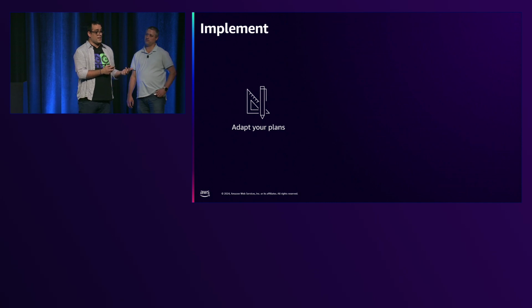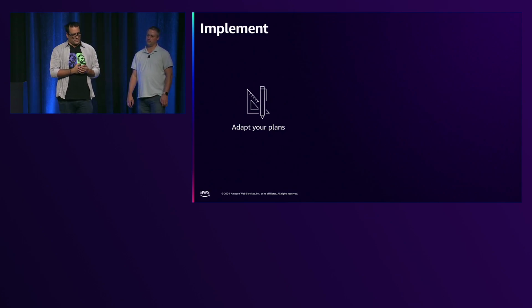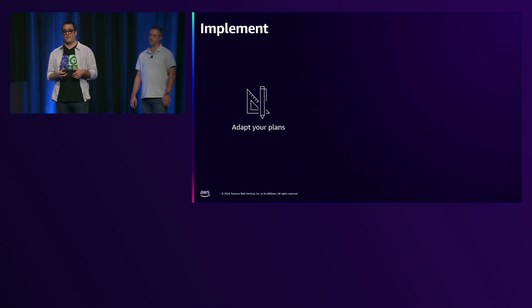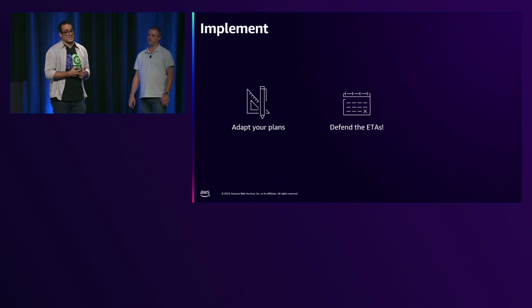Once you go and implement those, you might figure out that there is a slightly better way to do it, or that your initial plan wasn't really going to work. We are really happy being flexible about the plans, and we are happy making changes as appropriate as new information becomes available. While doing this, it's critical to defend the ETAs.